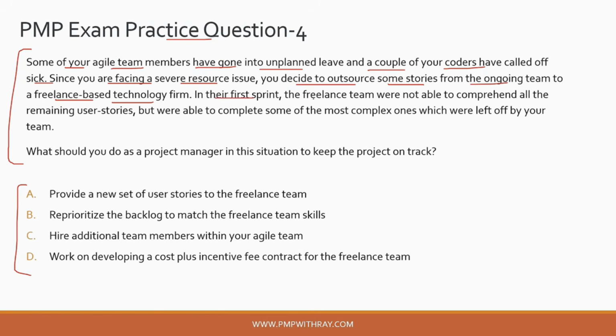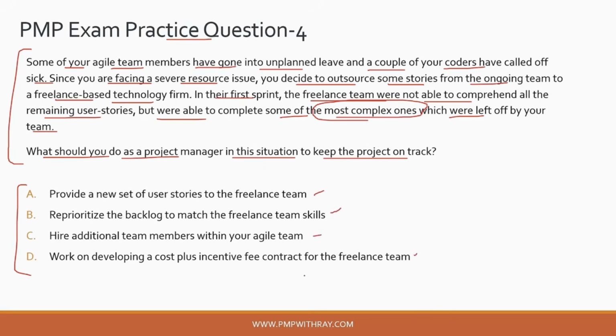Okay, in the first sprint, the freelance team were not able to comprehend all the remaining user stories, okay, but were able to complete some of the most complex ones which were left off by your team. Okay, what should you do as a project manager in this situation to keep the progress on track for the project? And it has given you 4 options.